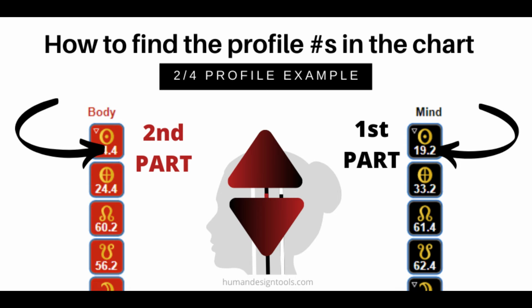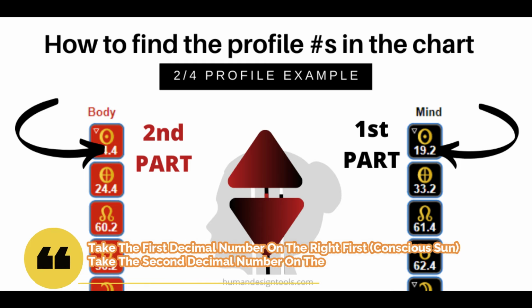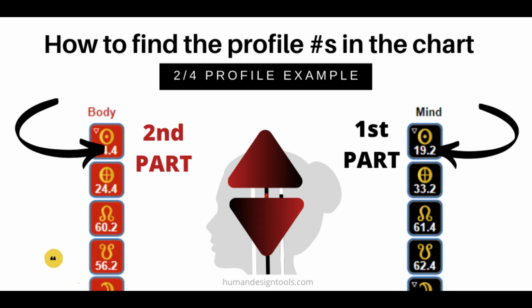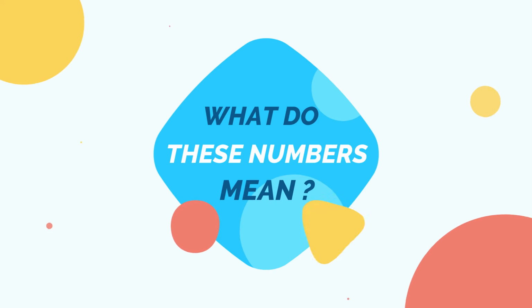For example, if you look at the chart right here, you take the decimal number of the gate on the right side, in other words, your conscious personality sun gate. Then you take the decimal number on the left side, your unconscious design sun gate. When you put it together, you get your profile. Simple and easy, right? So, what do the numbers mean in your profile?